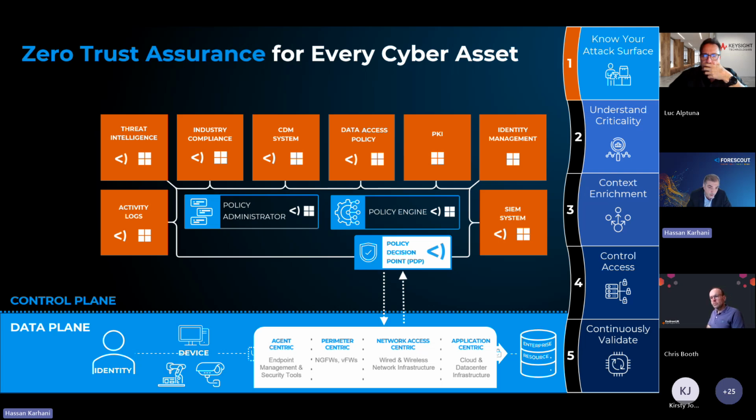And there are enforcement points, whatever type of technology we're using for the enforcement part. Now, to control this data plane, there's a control plane, and this is where more and more intelligence will come, whether from logging, for example, activity logs, from threat intel, from the compliance checking, from continuous diagnostics and mitigation systems, data access policies, and so on. And all of these systems, in addition to your SIEM, even to your existing SOAR.